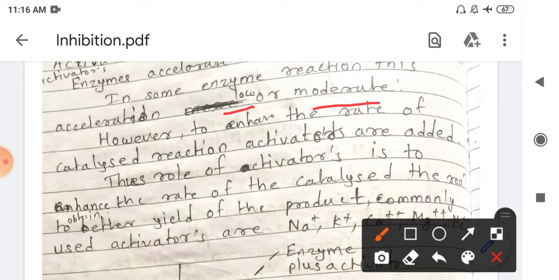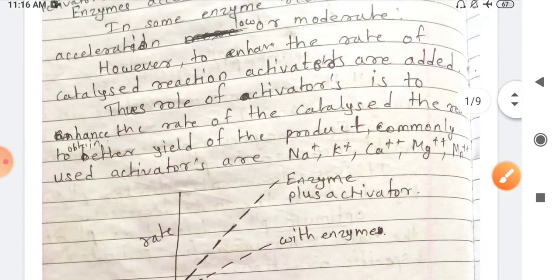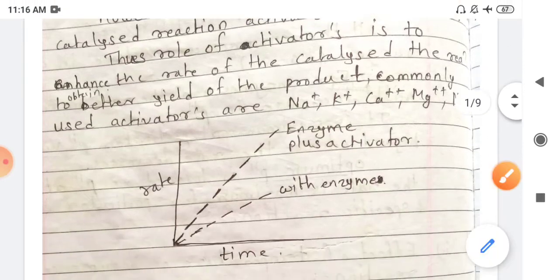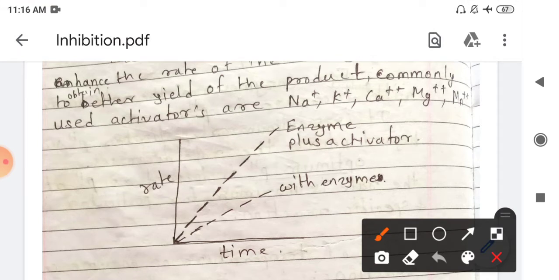If you want to increase the rate of that particular reaction, we have to add some extra catalyst, or activators, because we want to increase the rate of reaction. So overall we get an increase in the rate of reaction when we add activators.